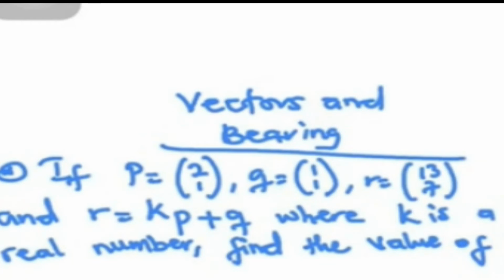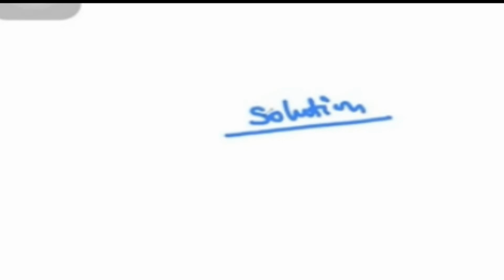So that is the question. Let's tackle it. Question on the board: if P is equal to (2, 1), Q is (1, 1), R is (13, 7), and R is equal to K(P plus Q), where K is a real number, find the value of K. Looking at the question, they are asking us to find R is equal to K(P plus Q), and they've given us all the parameters.